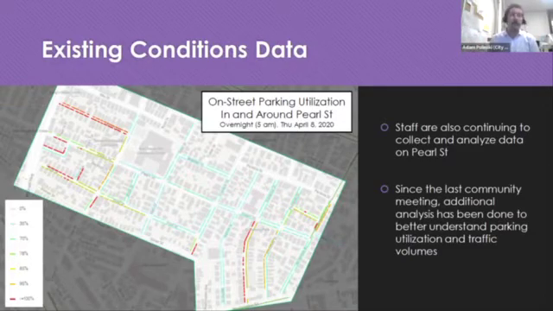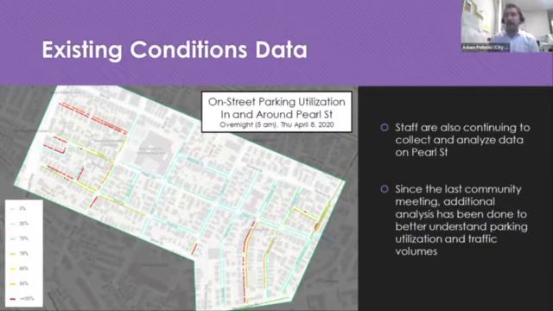This data was collected overnight, specifically very early in the morning, around 5 a.m. last April, just before our community meeting. However, we've done a little bit more digging into what these data that we collected actually mean and how it fits into the context of the neighborhood and the design process we're going through.